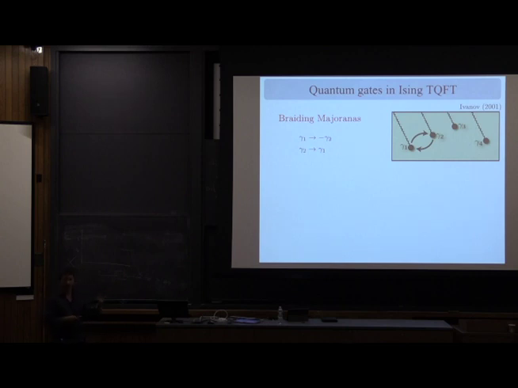So this non-abelian braiding statistics actually amounts to a simple rule, just the change of operators: gamma 1 goes to minus gamma 2, and gamma 2 goes to plus gamma 1.